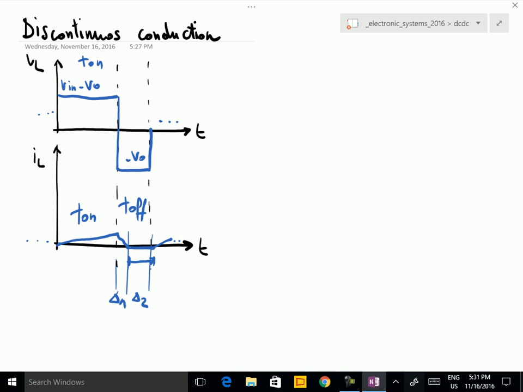Therefore you have rapid drops of the current required from the regulator, and very easily every switching regulator can go from a continuous conduction mode to a discontinuous conduction mode.